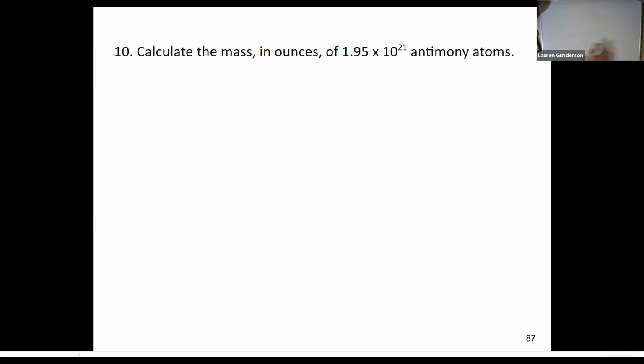Okay, the mass in ounces. I'm going to just write this down. 1.95 times 10 to the 21. Antimony is Sb. Again, something that you have to know. All right.